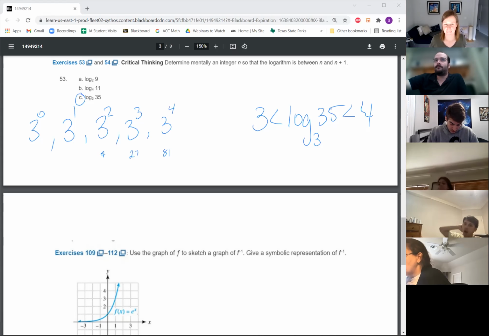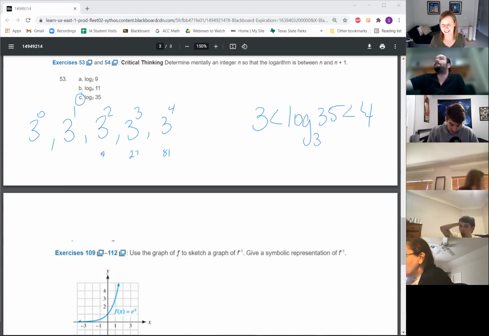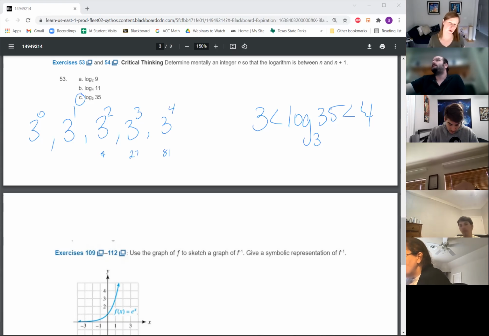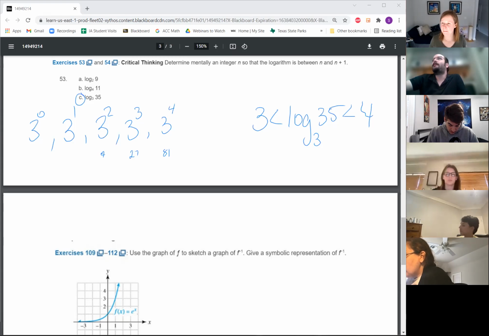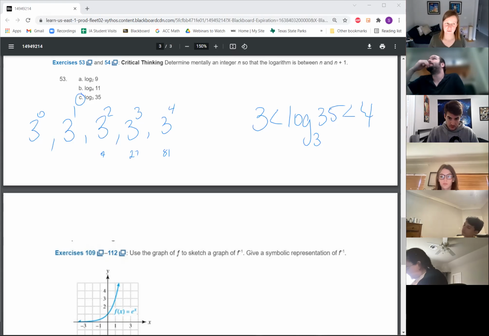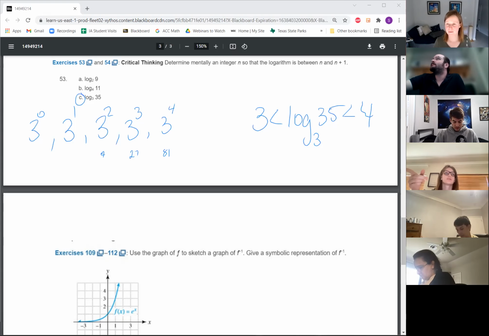If you type it in your calculator, you should get 3 point something, because it should be between 3 and 4. Yeah, that's what I did the other time. I just put it in my calculator and thought the number in my calculator was the answer, but I just didn't set it up like that. Okay.